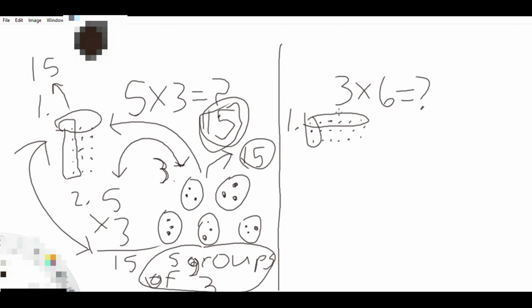You could split this in half. Oh yeah, there's maybe 2 ways. I just discovered it. 1, 2, 3, 4, 5, 6, 7, 8, 9, 10, 11, 12, 13, 14, 15, 16, 17, 18. So as a result, this is 18.